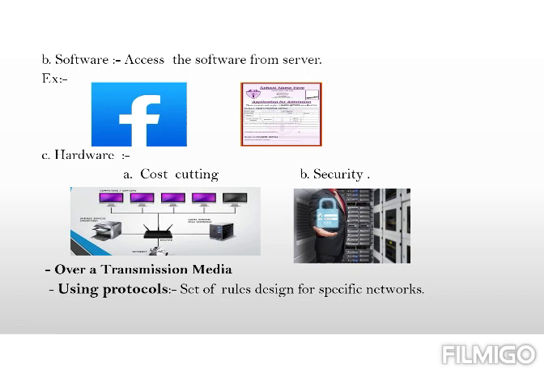Sharing the software. How can we share software? Basically, an example is Facebook. Facebook is an application or software that is available on a server and you can access it from anywhere and any time. That is called sharing the software.